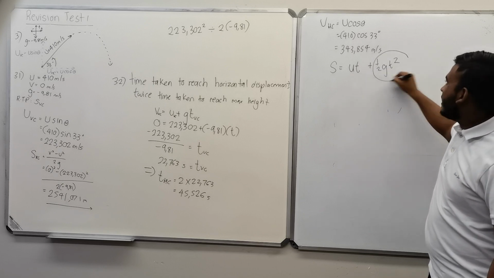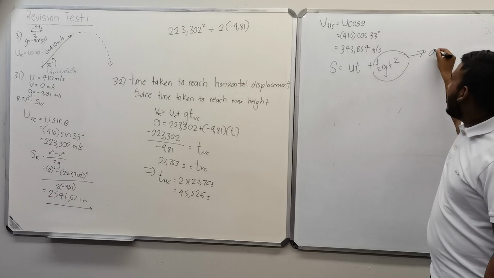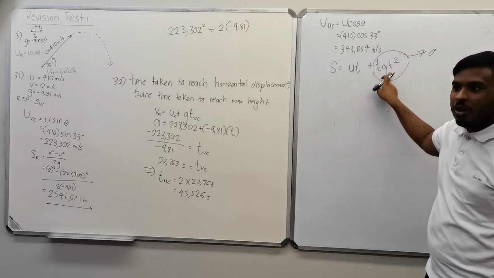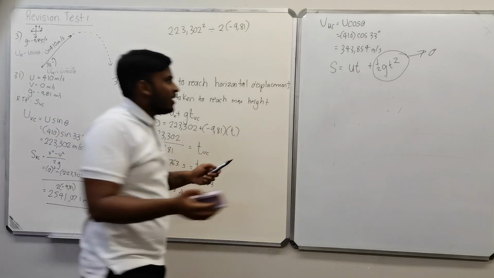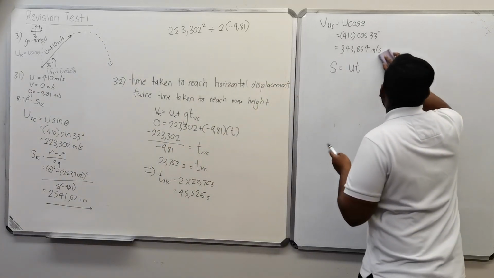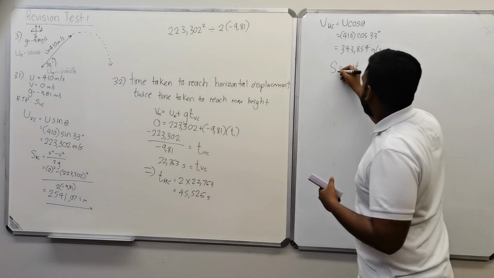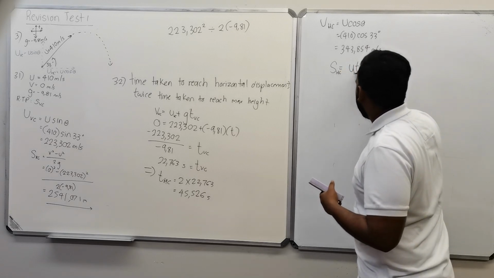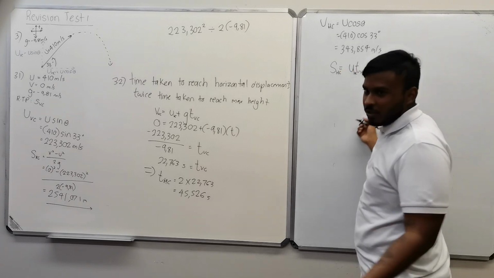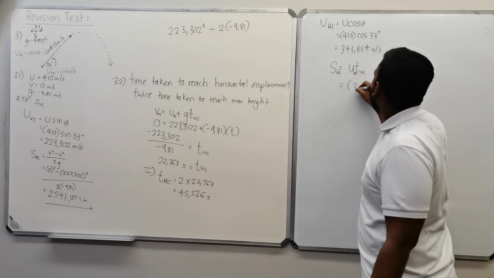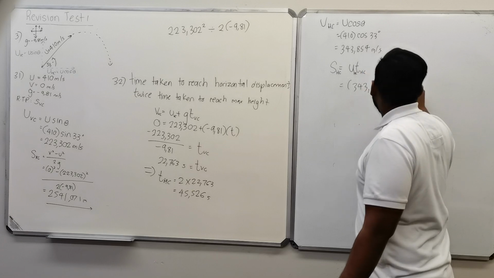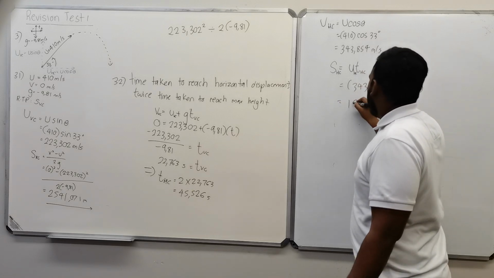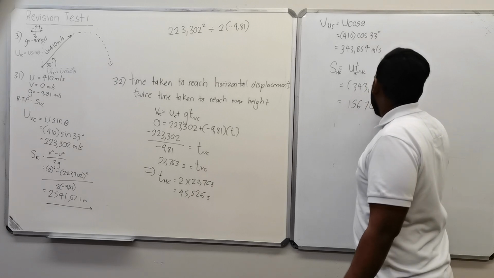But remember this part falls away because there's no gravity component on your horizontal. So we just end up with that. In terms of notation, this is your horizontal component, this is your horizontal component, that's your horizontal component. This would be equal to 343.854 times 45.526, which is 15670.16.